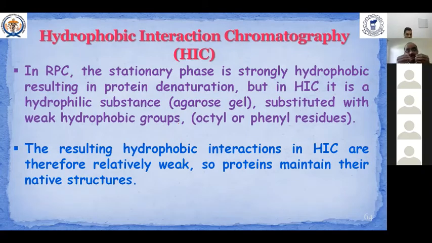That is why the protein recovered from hydrophobic interaction chromatography retains its native structure as well as biological activity. That's why hydrophobic interaction chromatography is selected over reverse phase chromatography for the separation or isolation of proteins.